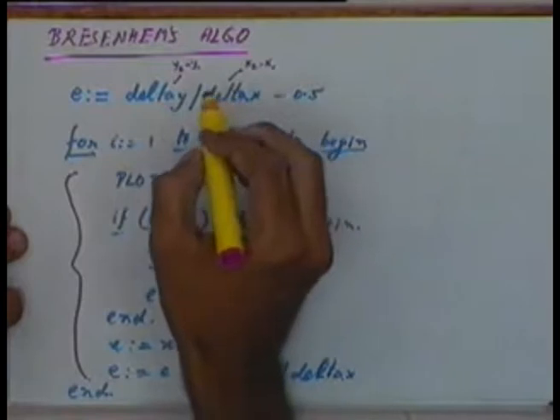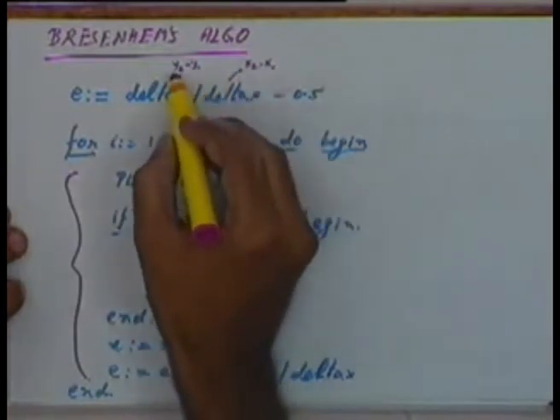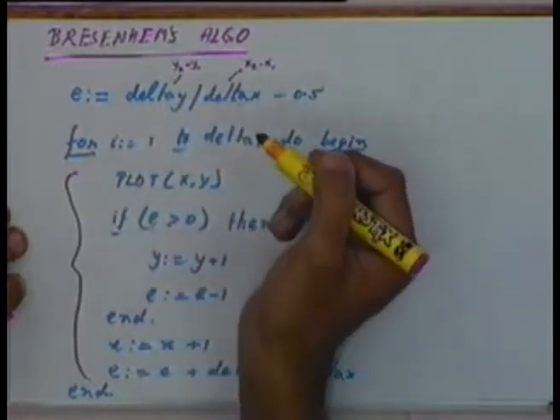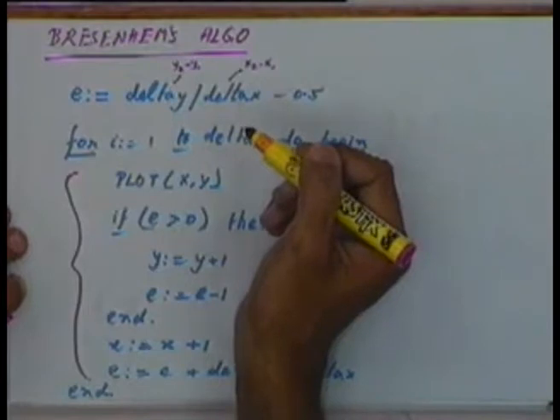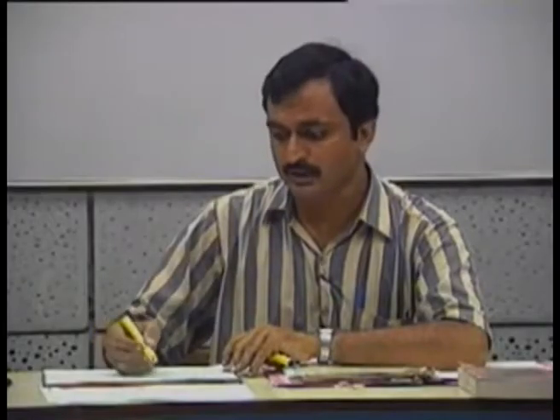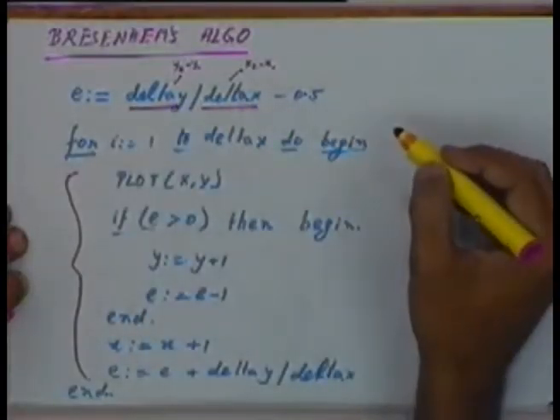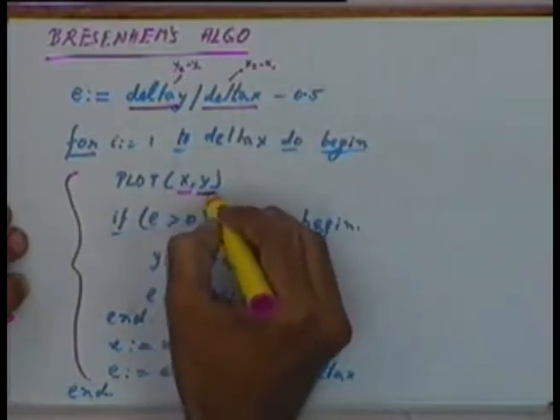Of all these, x1, x2, y1, y2, they have to be integers, because we are talking of drawing a line from one pixel to a second pixel. Pixels will always be addressed by integers. So x1, x2, y1, y2, they are all integers. Therefore delta x and delta y, they are also integers. x and y will also be integers.